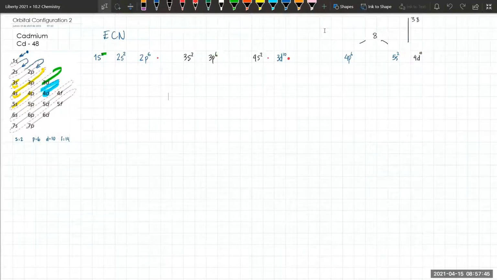Now, what comes next is drawing the arrows. You can do it in boxes, but making the boxes takes a while. But you can do it.